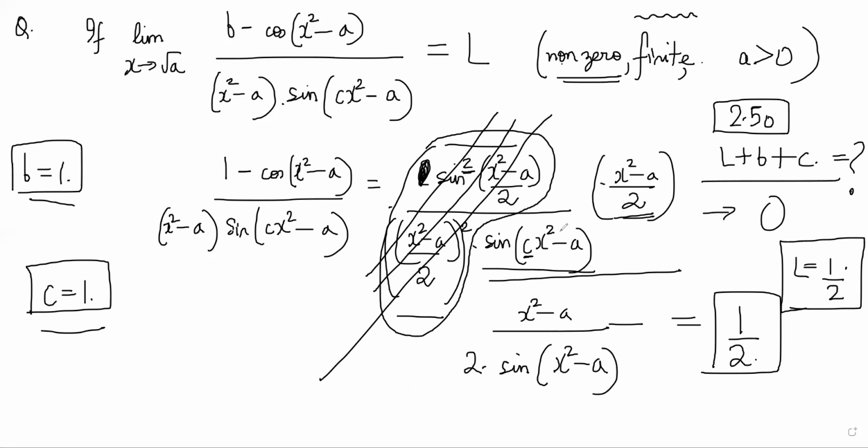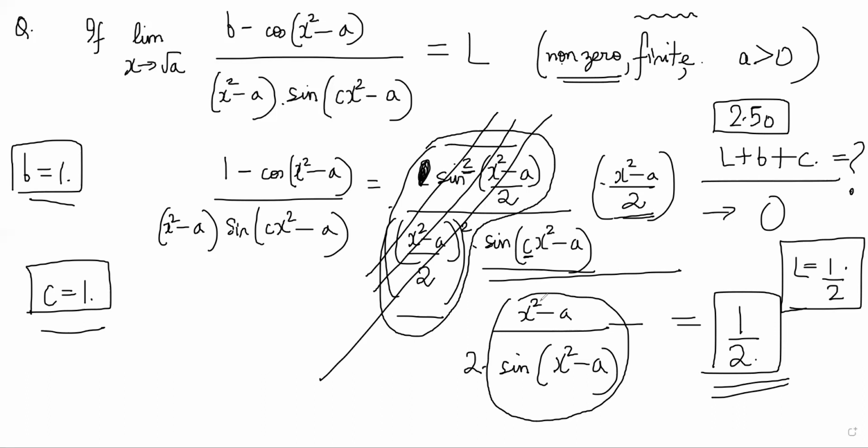So if c was not 1, then what would happen? Top part is 0 and this part is not 0, then the limit would have been 0. So c has to be 1 because then it becomes 0 by 0 form. If c is 1, then you get this limit, which is very easy. Answer is half. So the overall thing is coming out to be 2.5.